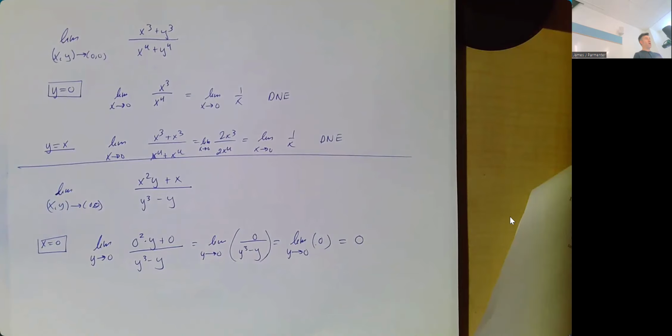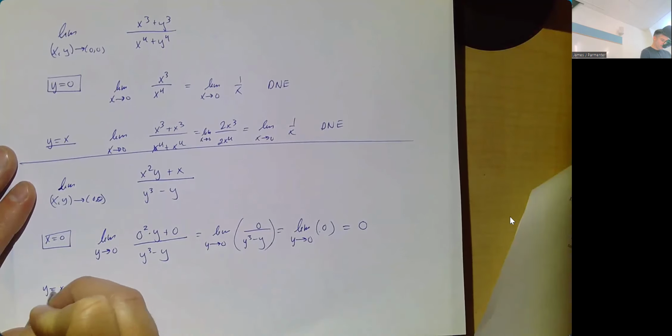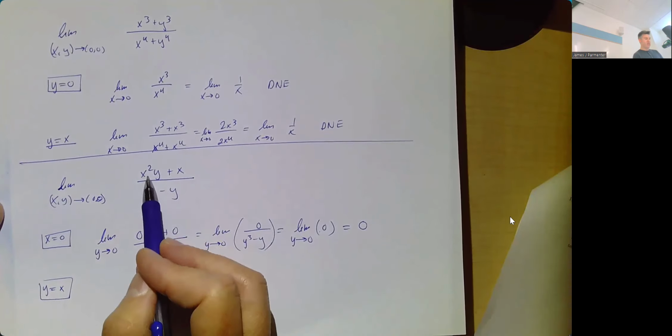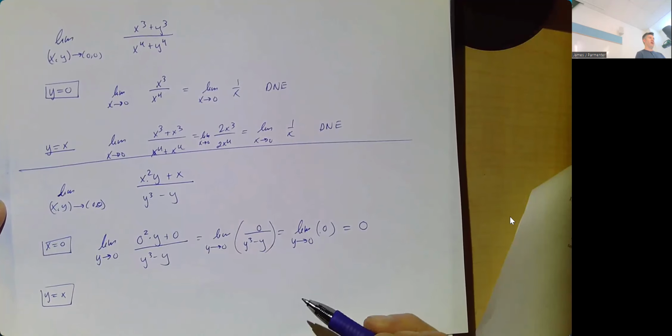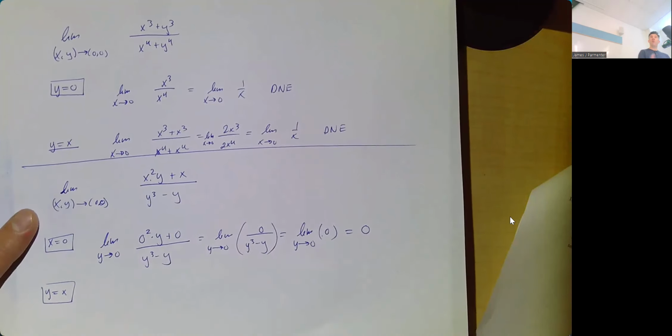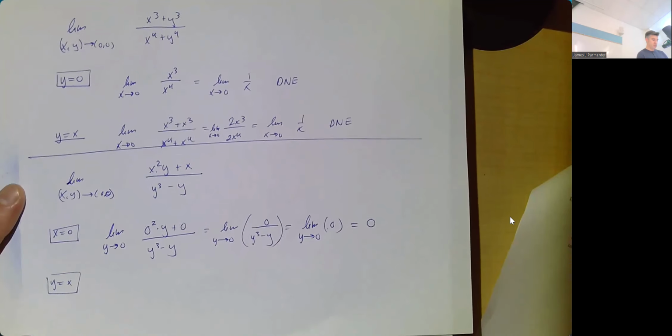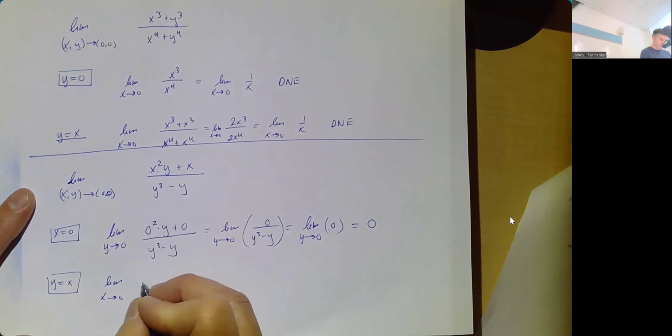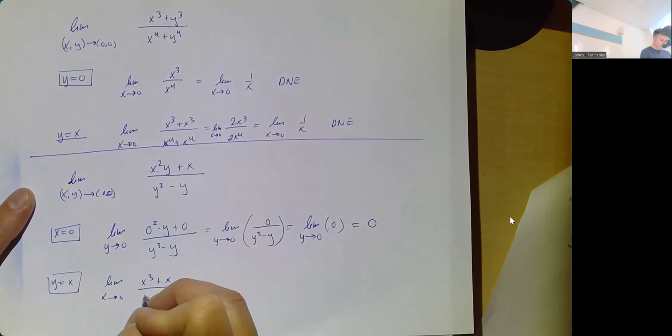I don't know if it's going to work, but I'm going to try it. Why am I picking y equals x? Well, if I pick y equals x, I'll have an x cubed on top and an x cubed on the bottom, and that seems good if the highest powers are the same. It might not work, but sometimes you just have to try things. The limit is x goes to 0, x squared times x plus x over x cubed minus x.